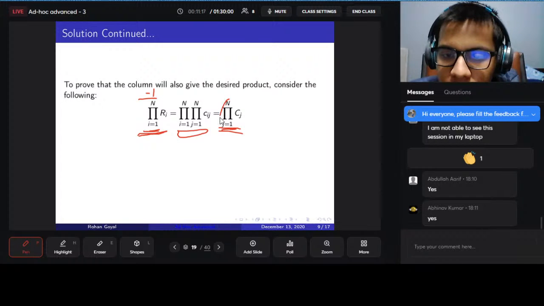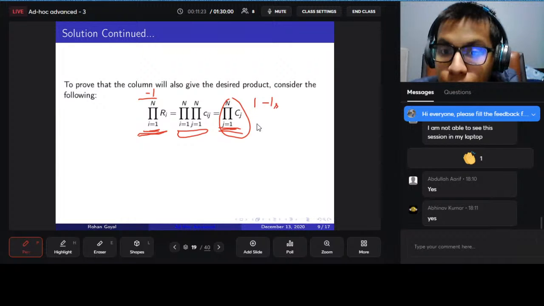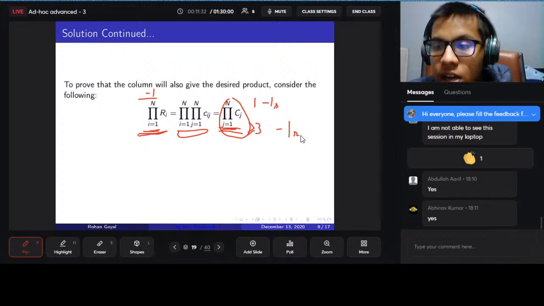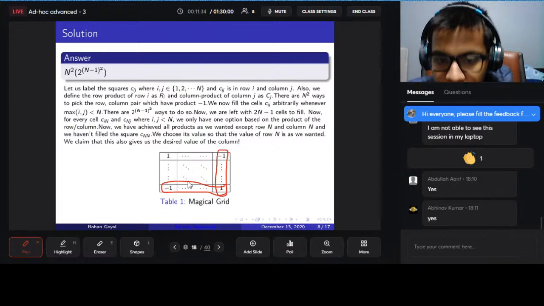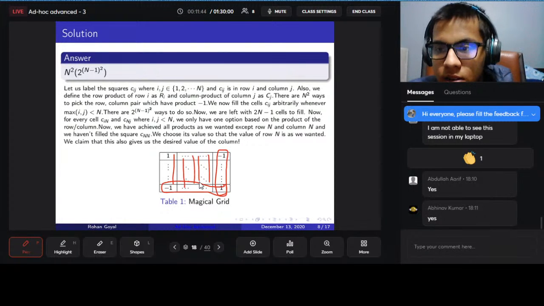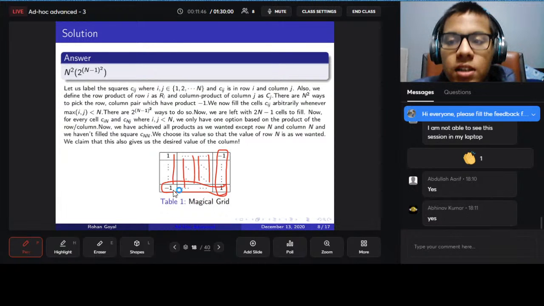So either there is 1 minus one here or more than 3, greater than or equal to 3 minus ones. But by our choice, we know that in these column products, there is a maximum of 1 minus 1 because we have chosen it that way.